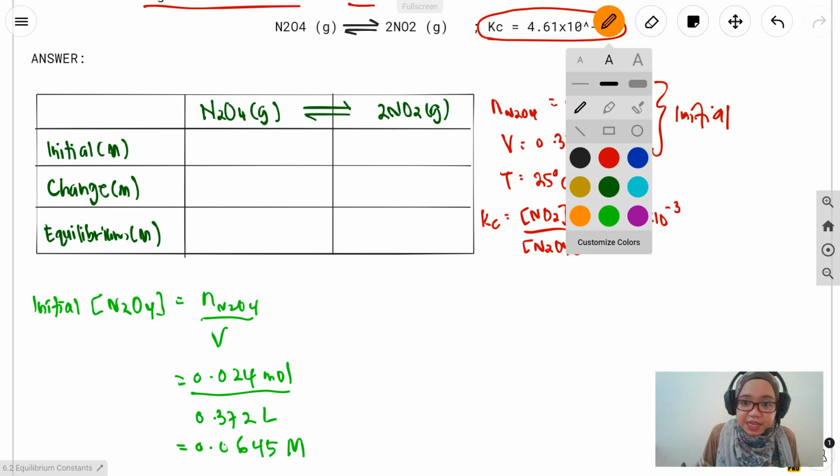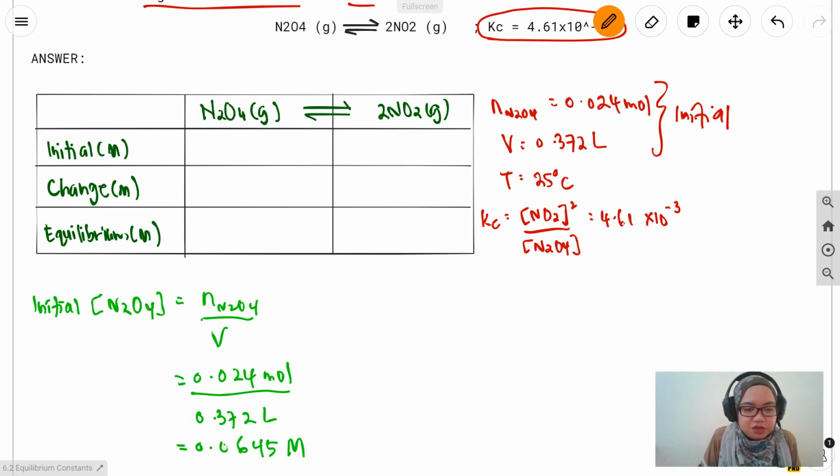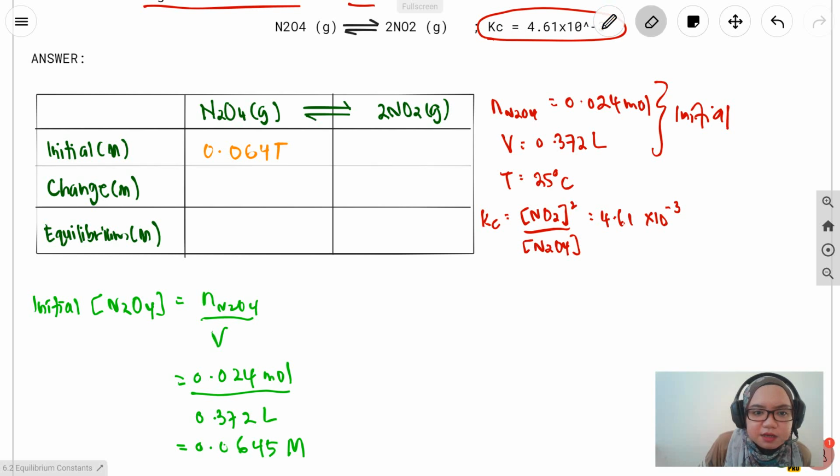So for the ICE table, the initial concentration here is 0.0645 molar.